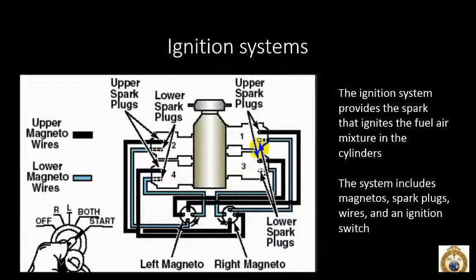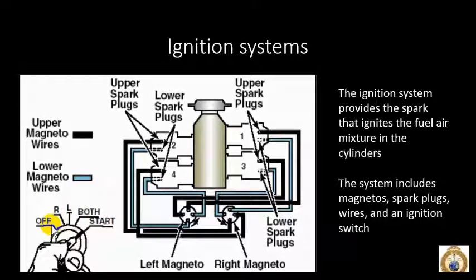Ignition systems. How do we get this plane started? Well, we get it started with a key, just like your car, but there's certain things going on here. Unlike your car, we have an on, a right, left, both, and a start position.